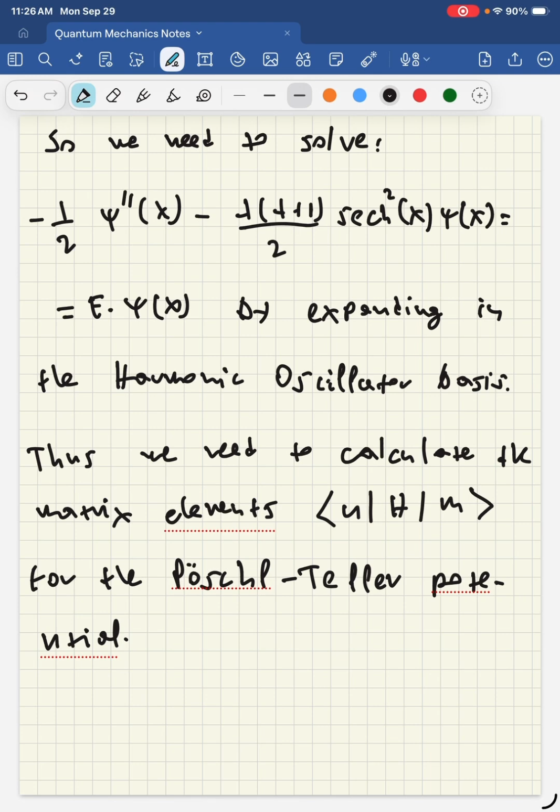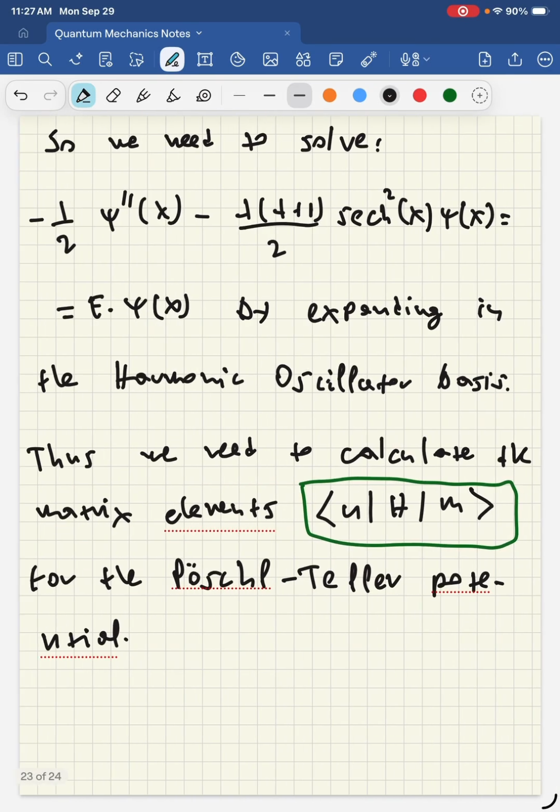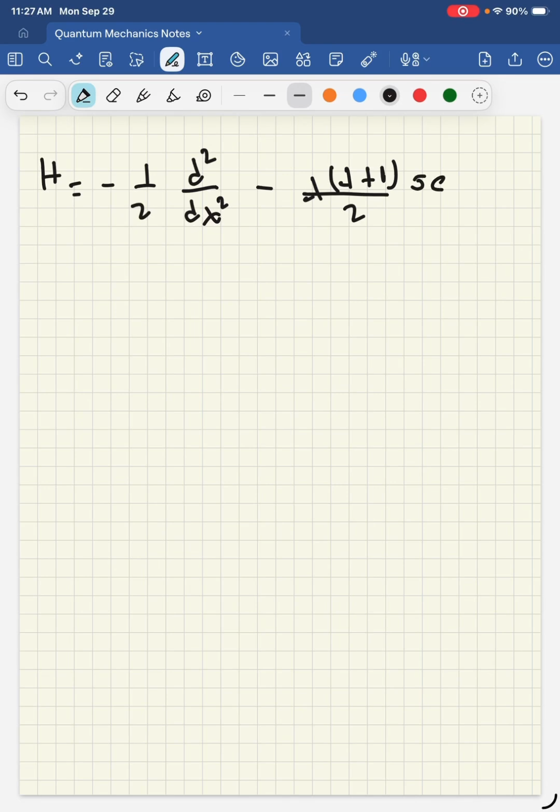Recall, we need to find these quantities over here. And recall that H, the Hamiltonian operator, is given by this expression, minus 1/2 d squared over dx squared minus the potential, which is lambda times lambda plus 1 over 2 times the hyperbolic secant squared of x. So again, this is the kinetic energy operator and this is the potential energy operator.